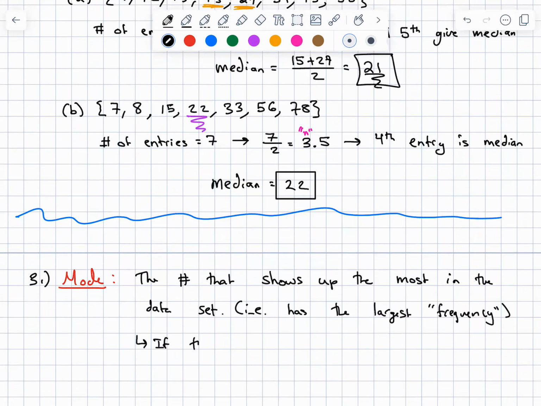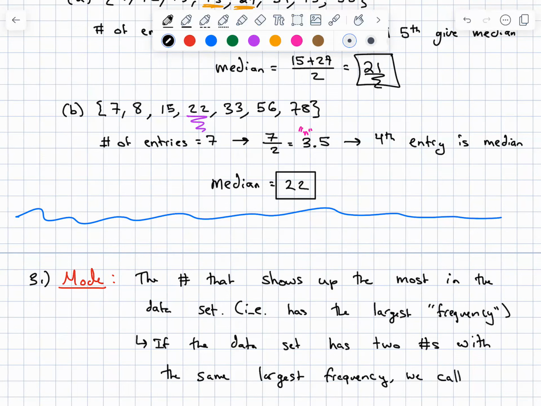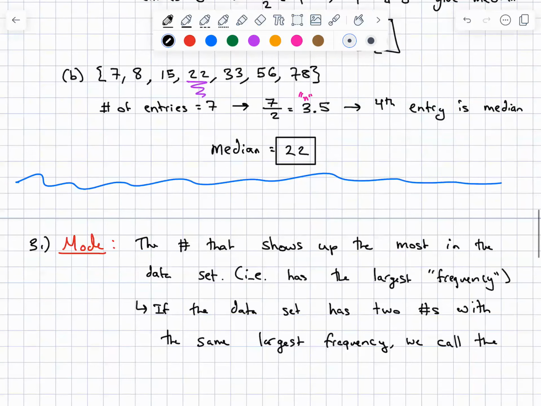If the data set has 2 numbers with the same largest frequency, we call the set bimodal.